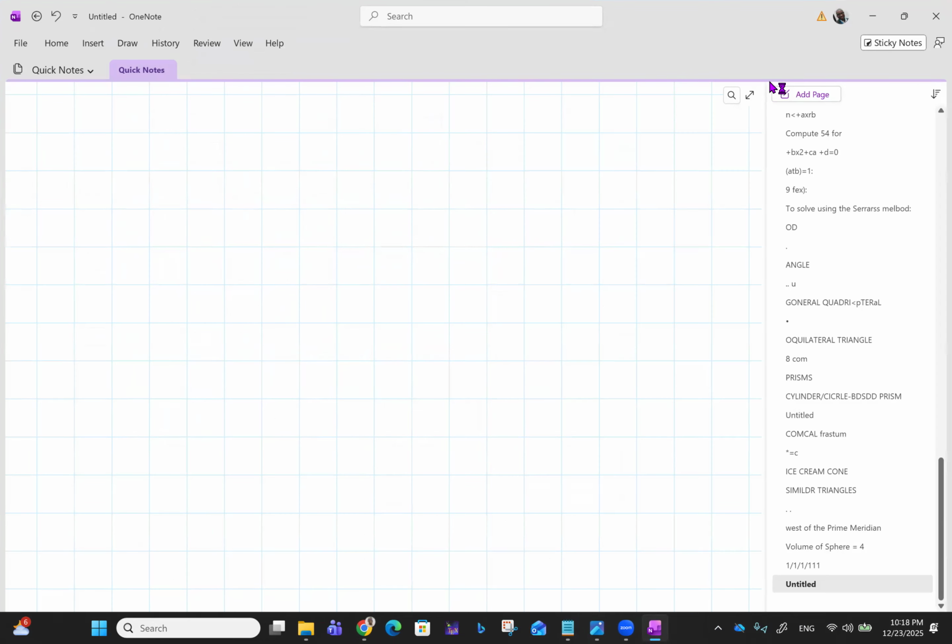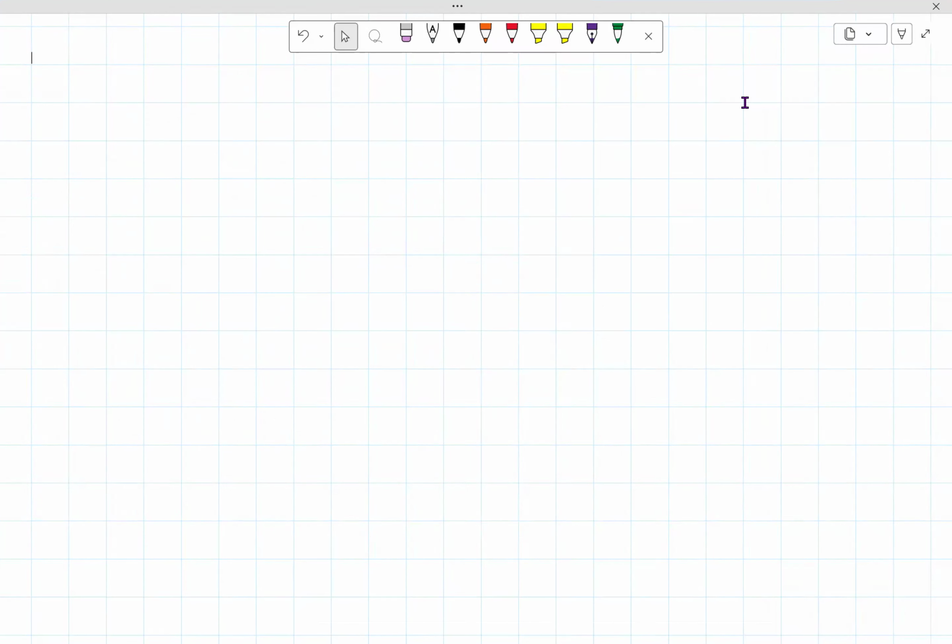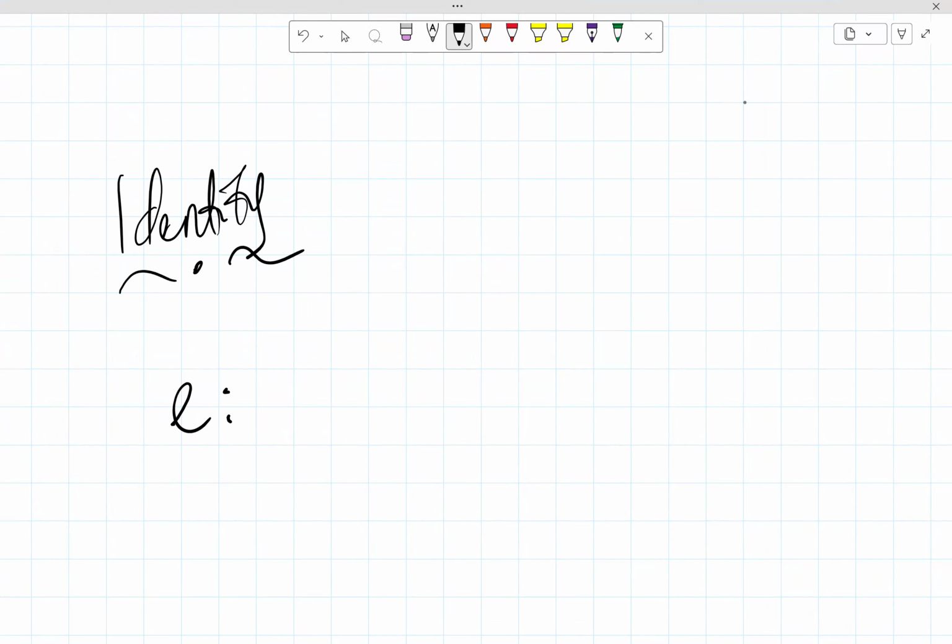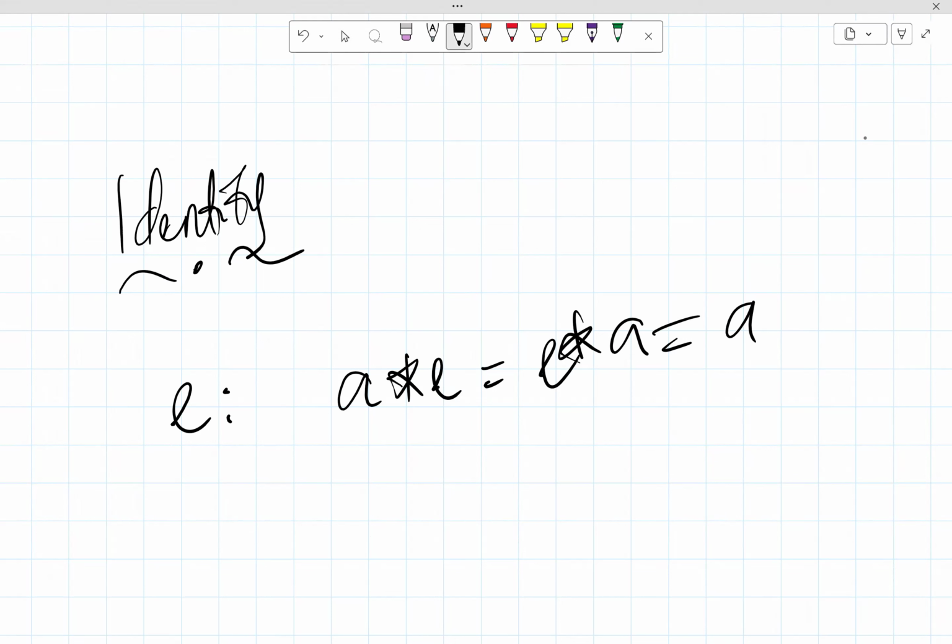We know it's abstract, but let's try to get the point home as much as possible. For the identity element, there's a particular E such that A star E is equal to E star A, and that is always equal to A.